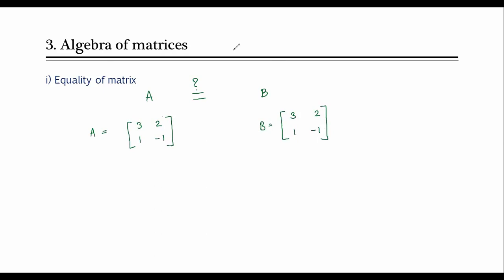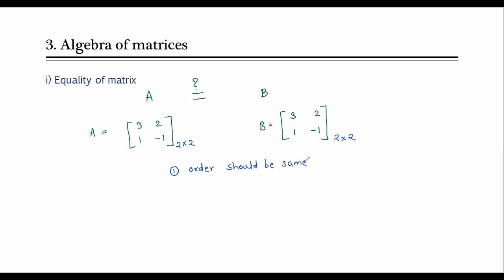Now, if you observe, what is the order of matrix A? Number of rows, there are 2, into number of columns, so there are 2 columns. What is the order of matrix B? 2 rows and 2 columns. So the first condition is order should be the same.